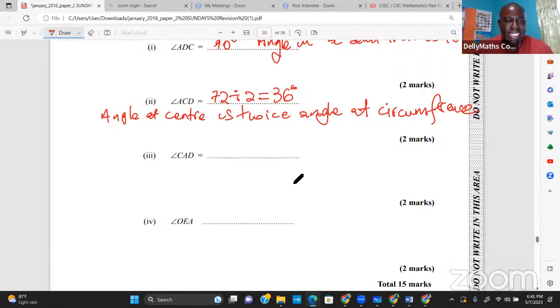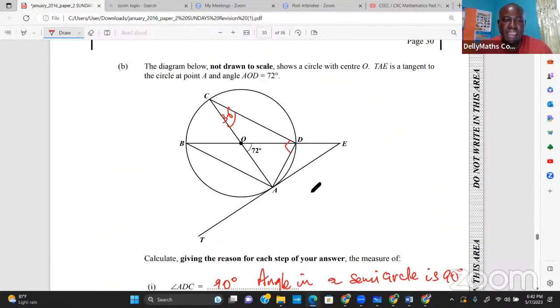CAD. Mark the angle CAD. CAD is this. Now, there are 3 angles in a triangle all the time. And right now, looking at CAD, it's a triangle where we have 2 angles out of the 3. We have the right angle that we knew. We have 36.